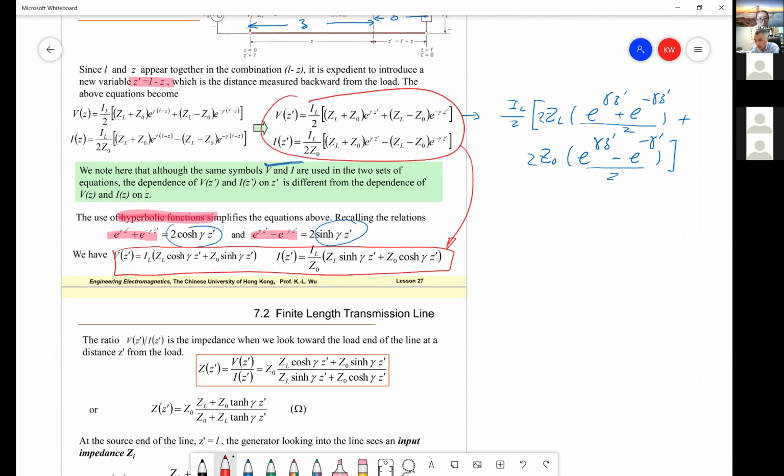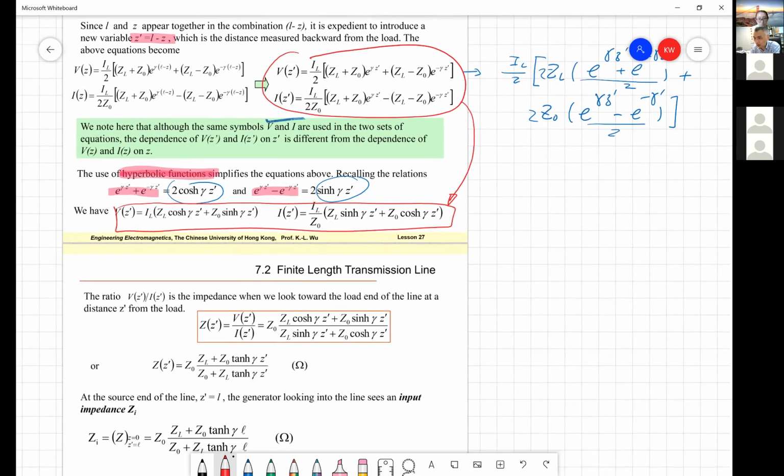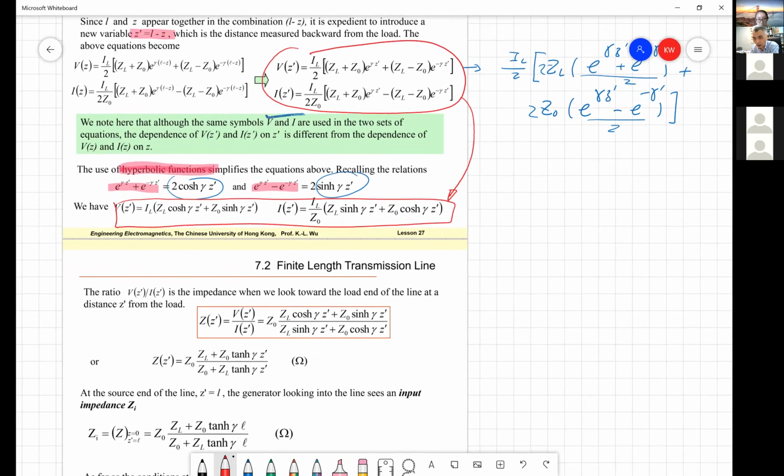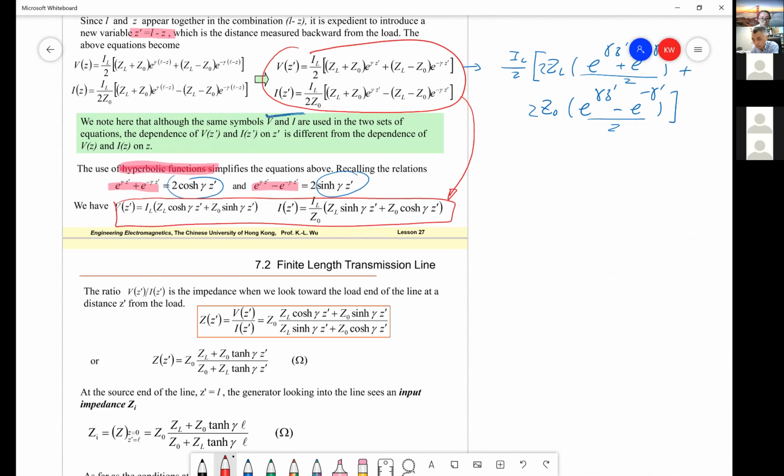Now, this is already in a usable form, okay, usable form. And later on, let's simplify this to the lossless case. But in the meantime, let's deal with these hyperbolic functions, okay?